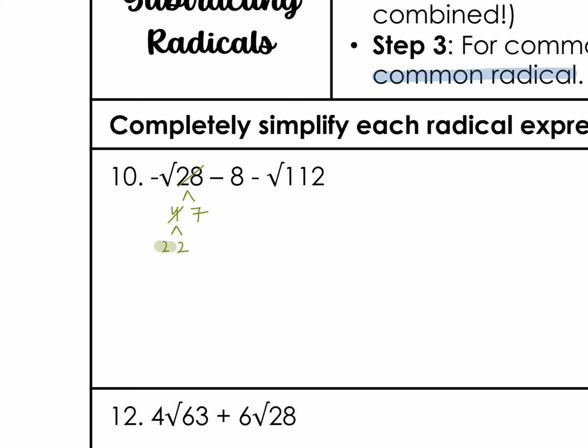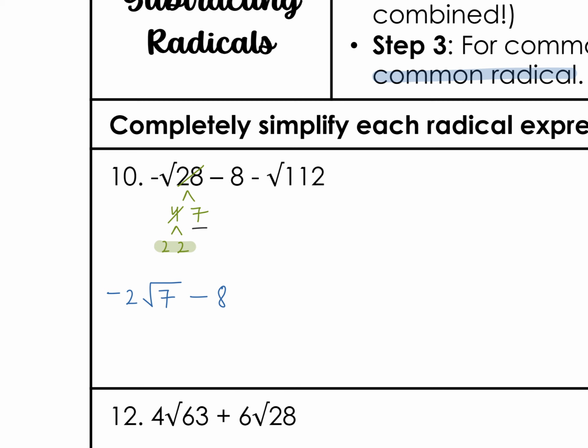So that's going to give me a pair that I'll pull out. And we'll have that -2 with the leftover 7 underneath the radical. Then we've got that -8. To clarify, it's not under a radical, so please do not factor it.